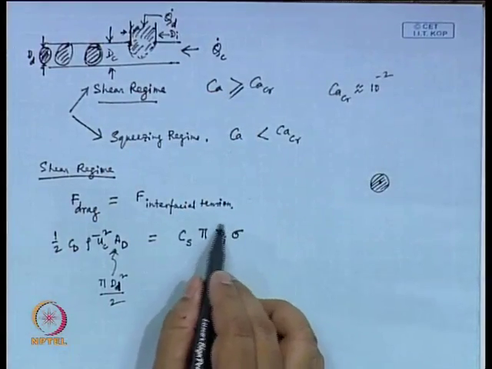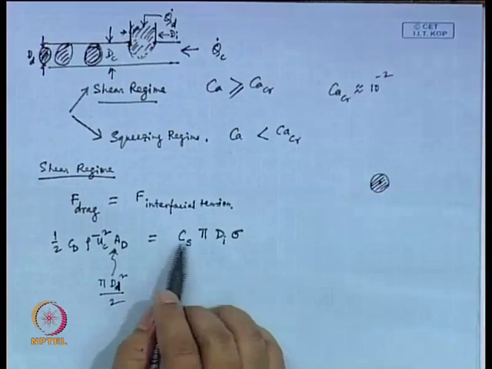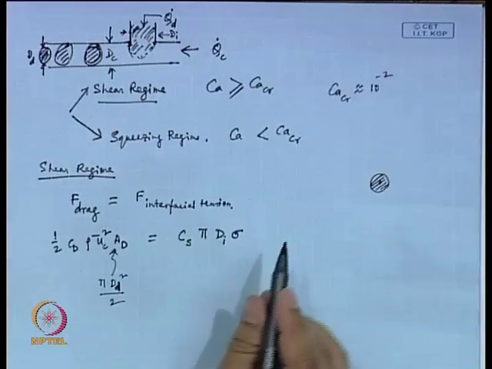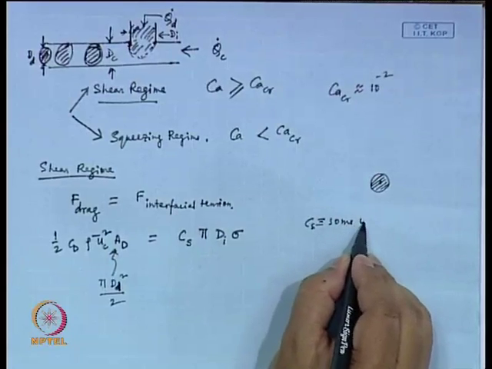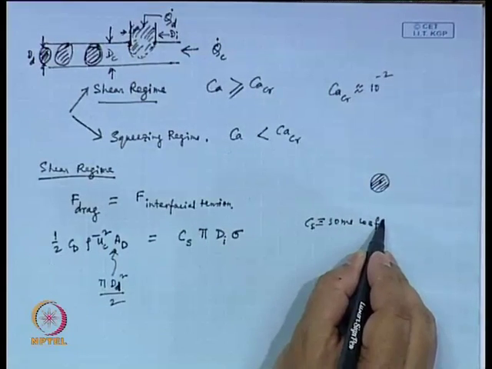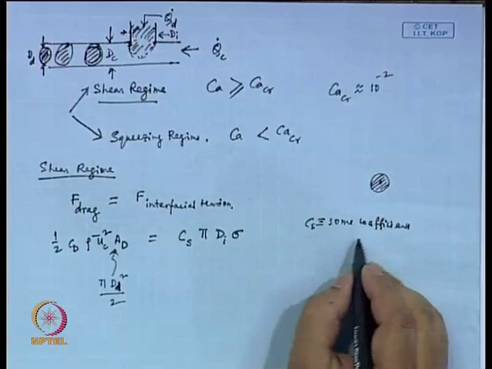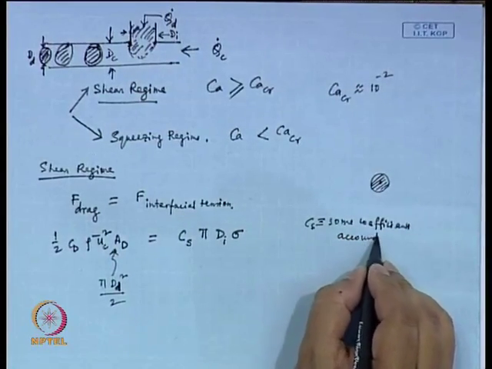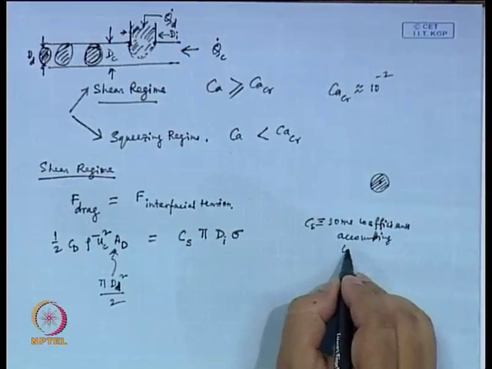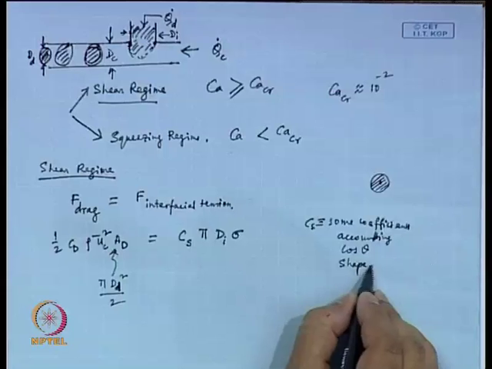So, pi di sigma I can understand, and on top of that you have something called CS, which is some coefficient accounting for, say, cos theta, and the shape of the injection port.